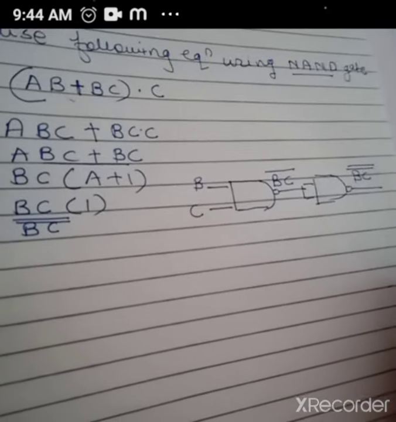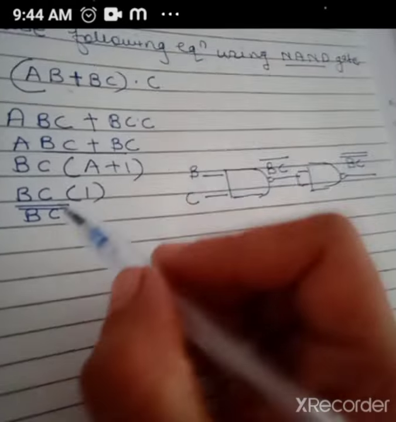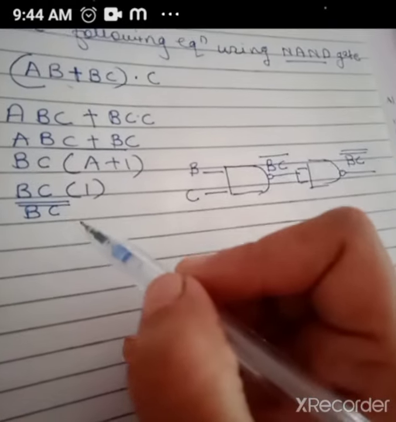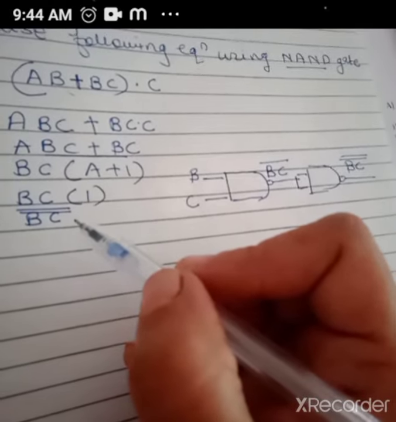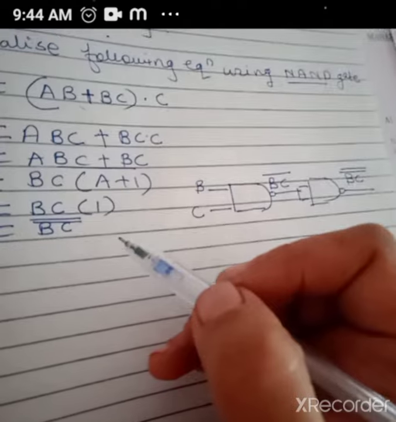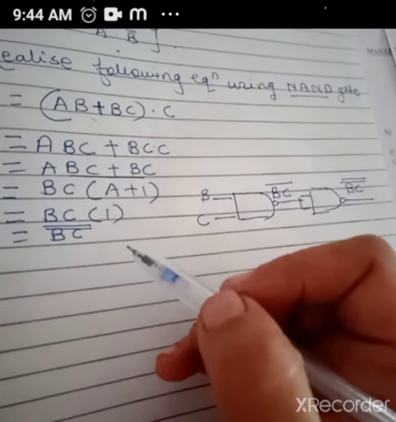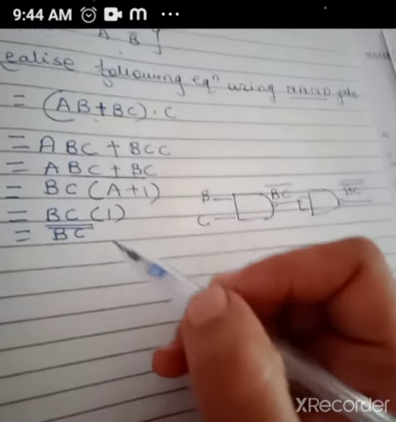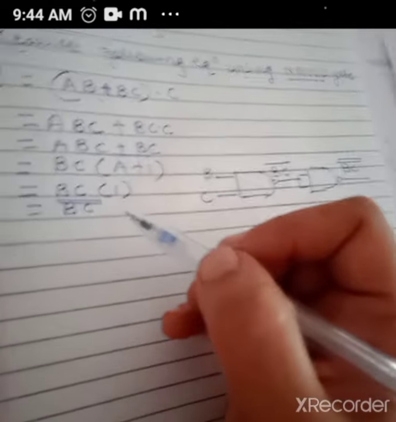And B into C double bar will get eliminated by the inversion law. So putting the double inversion bar here or not putting it, the meaning is the same. That's why we have taken the double inversion bar. So what is the logic? Hope you are getting the logic, right?